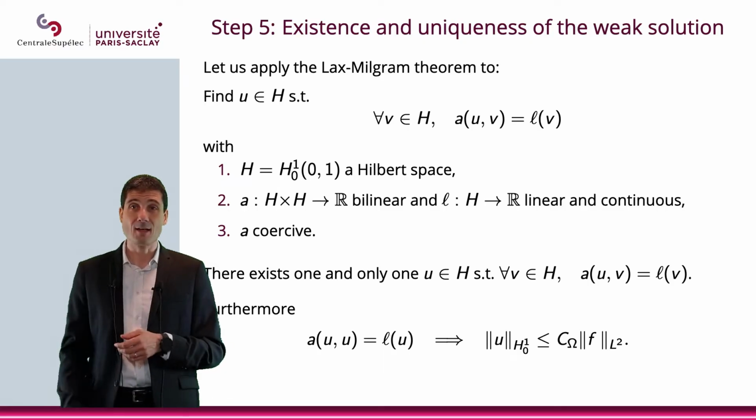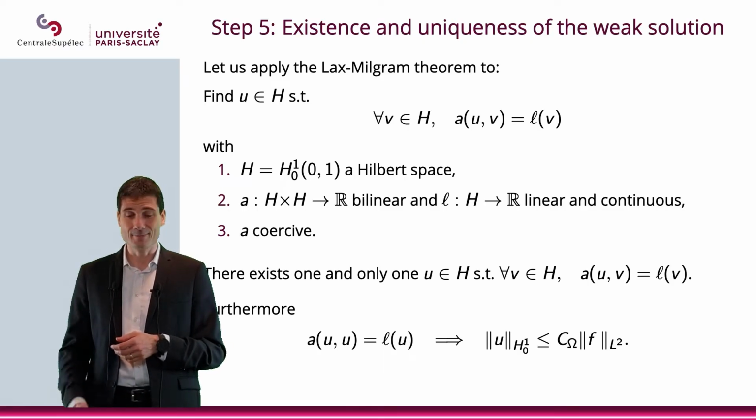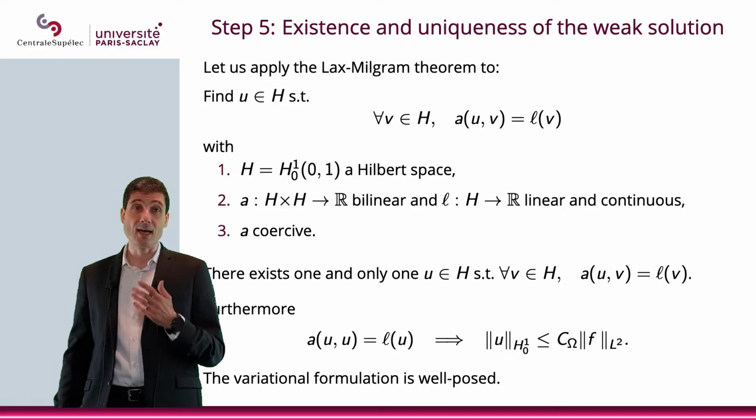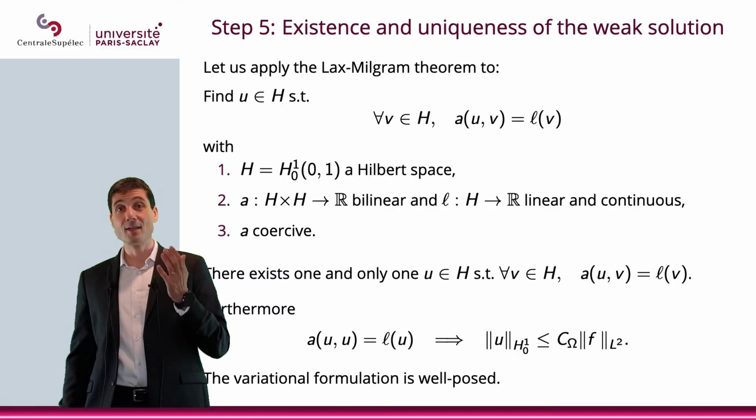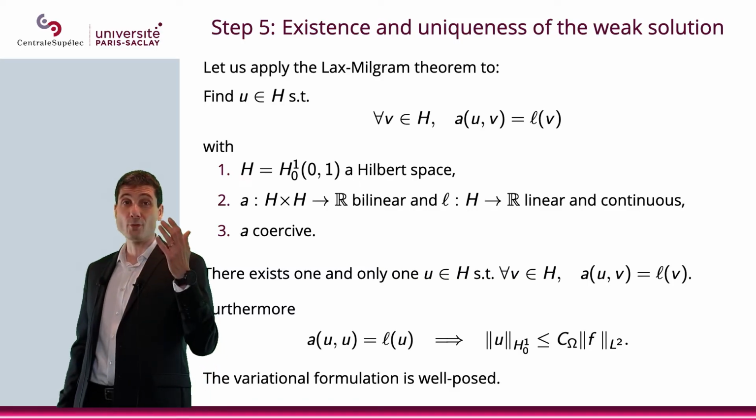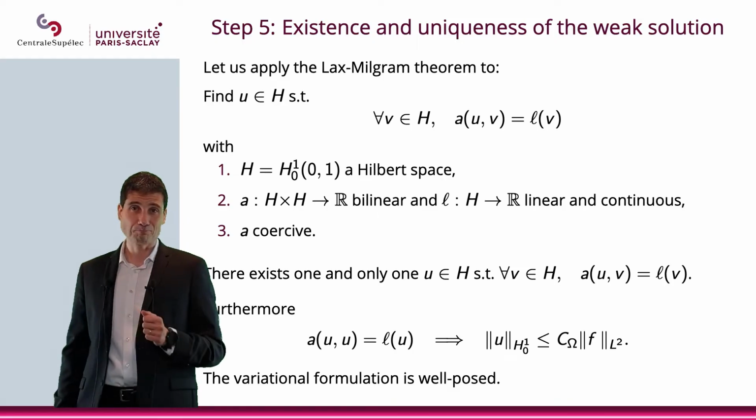Well, that's pretty nice, isn't it? So what we're saying is that the variational formulation is well posed. At this point, we proved the existence and uniqueness of the solution to the variational problem.